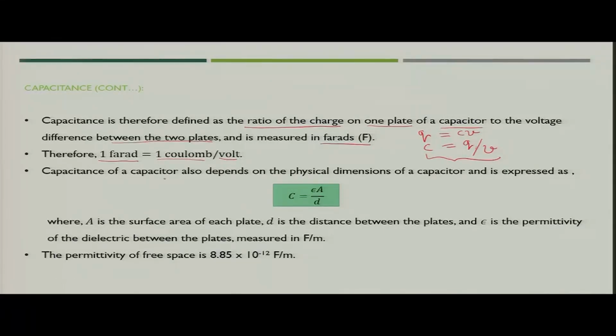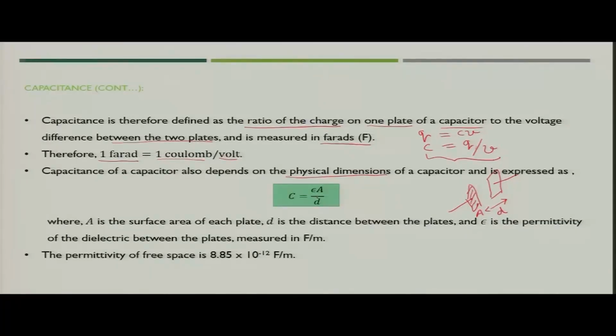Now, the capacitance of a capacitor also depends upon its physical dimensions. If it is a two-plate capacitor, the area A and the distance between the two plates also define the value of capacitance.